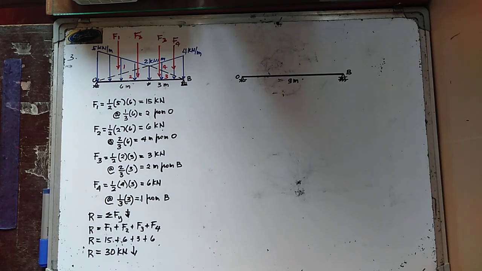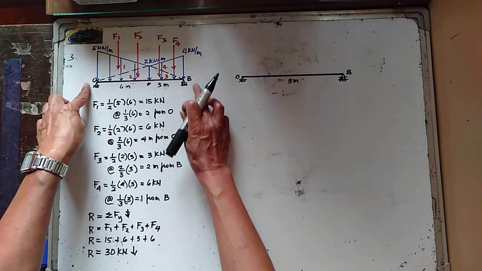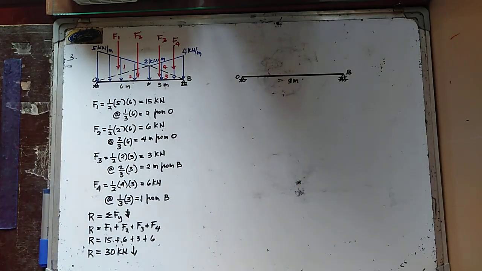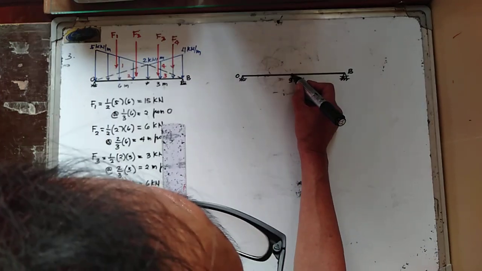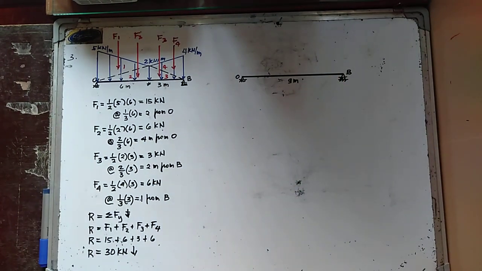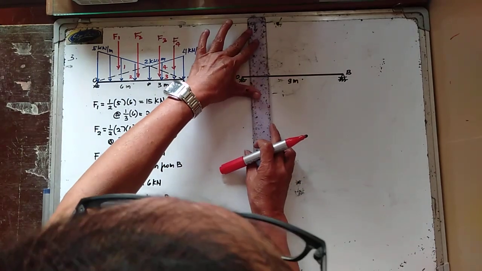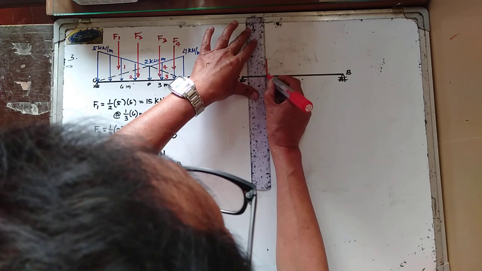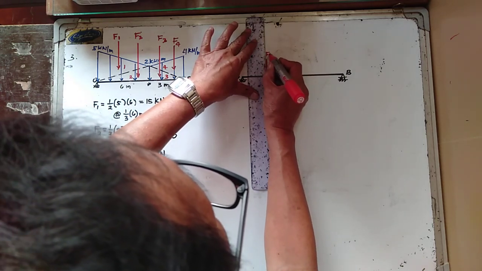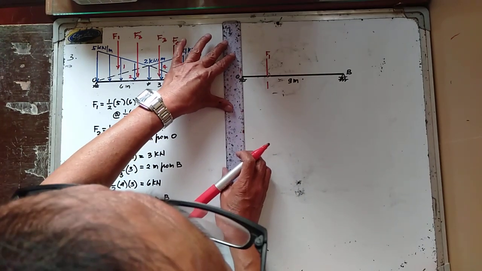Now, let us try to consider that the distance from point O to point B is 9 meters. So your F1 is 2 meters from point O. This is now your F1.